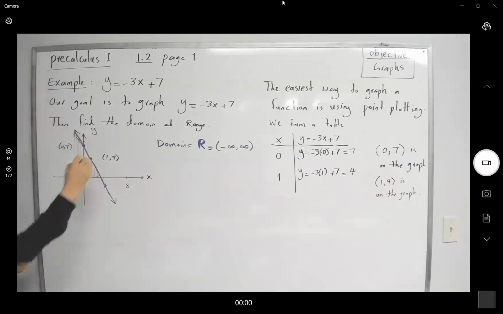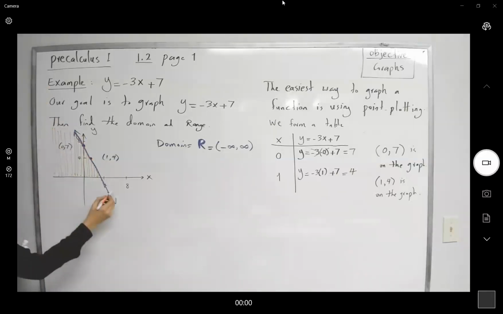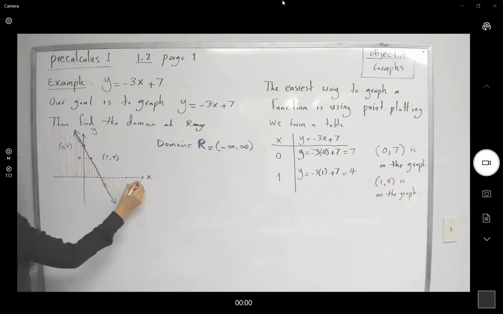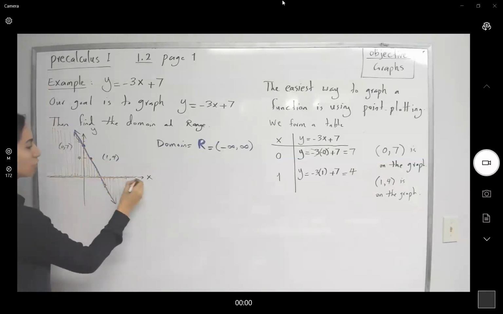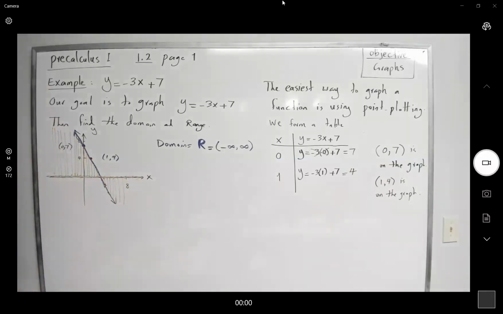Since this graph continues, it means that you can continue this process. And from this side, from the graph, the shade on the x-axis includes all values. So this is your domain. If I ask you to shade the domain, you say that, hey, the domain is all the x-axis, which is R, negative infinity to positive infinity.